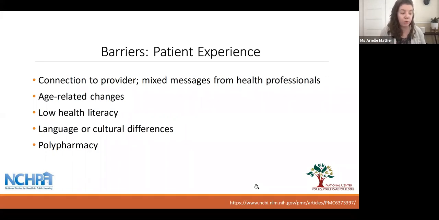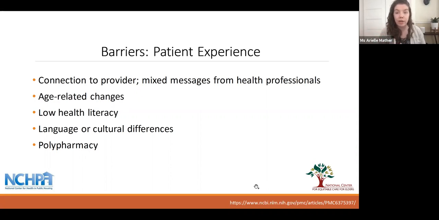And while no two older adults are exactly the same, there are age-related changes that might also serve as a barrier to diabetes prevention. We'll talk a little bit about those later, but I just want to mention that there could be cognitive changes related to processing speed or reduced capacity to process or remember new information.